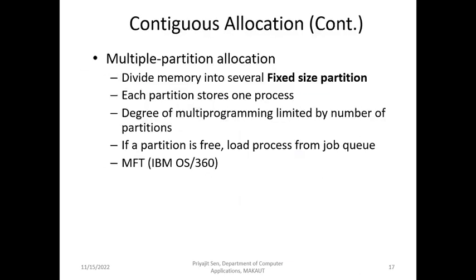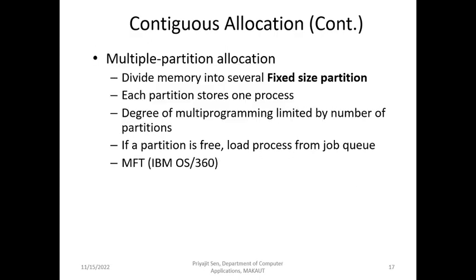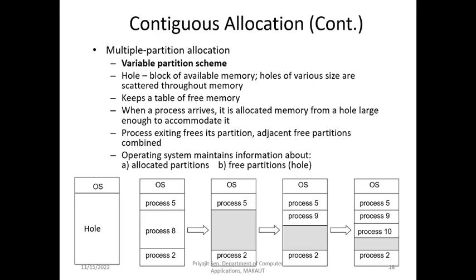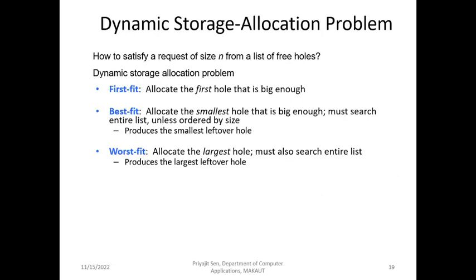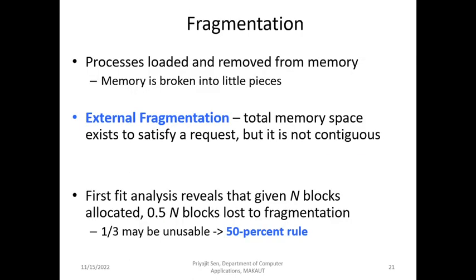The next question may come like this: what is the difference between fixed size partition and variable size partition? Then this question may come: what is the function of the relocation register and how is the mapping done?